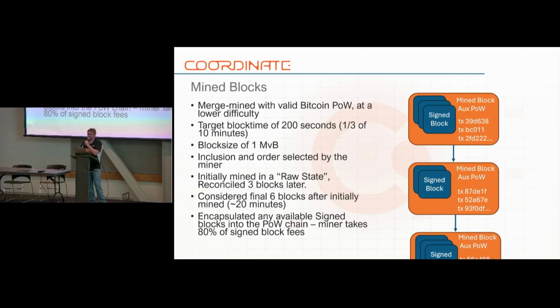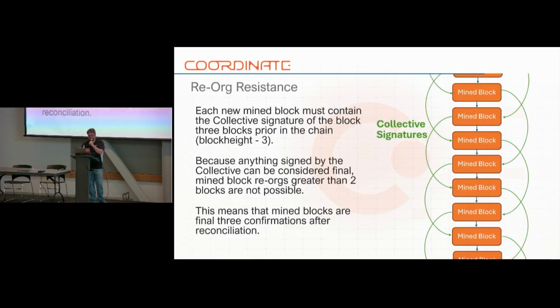That's when it compares them against all signed blocks that conceivably could have happened over the signed period. And they end up in the reconciled state, after which 3 blocks later they're final because the blocks are actually signed by the Federation afterward.